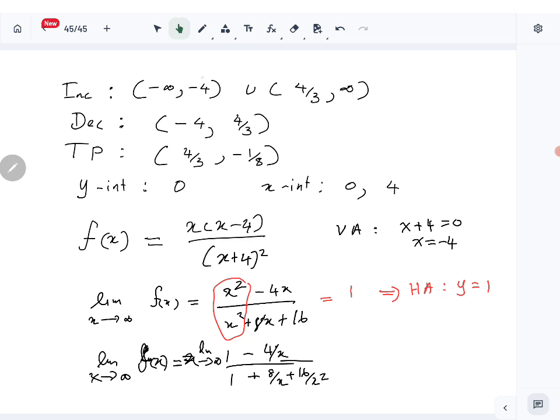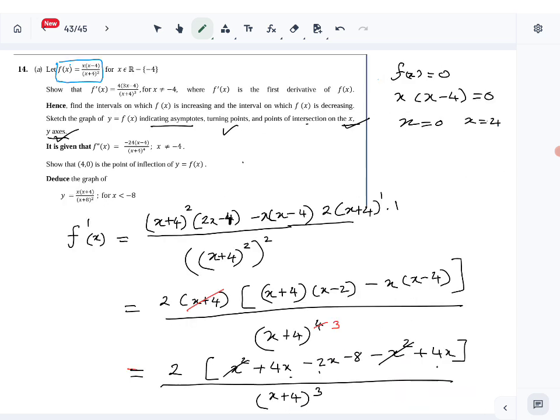So 1 over 1 equals 1. So that is why the horizontal asymptote is y equals 1. So now everything is found. So we'll draw the diagram. Only asymptotes, turning points, and intersection points we need to mark.